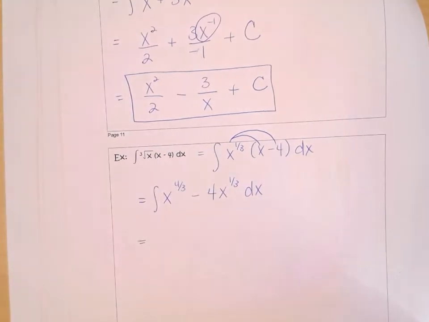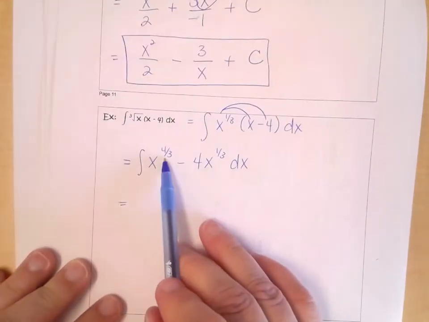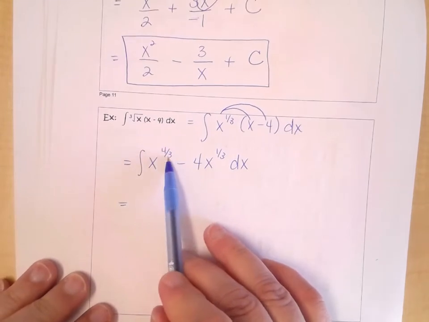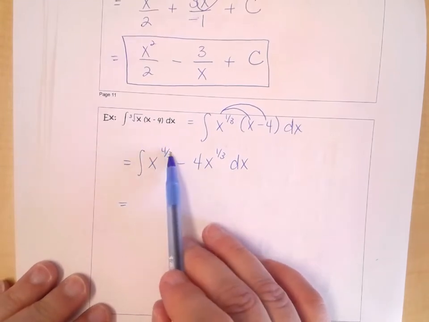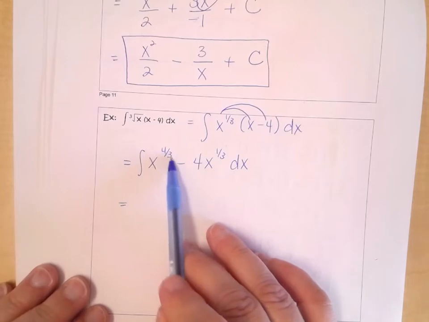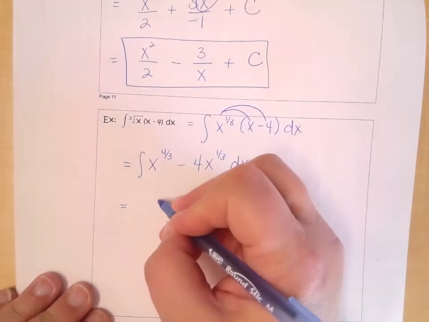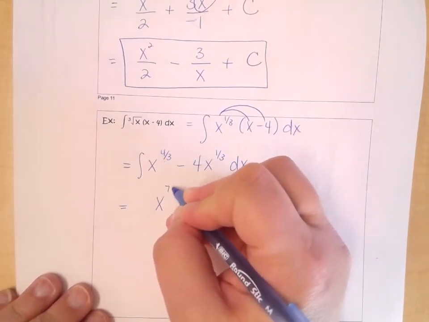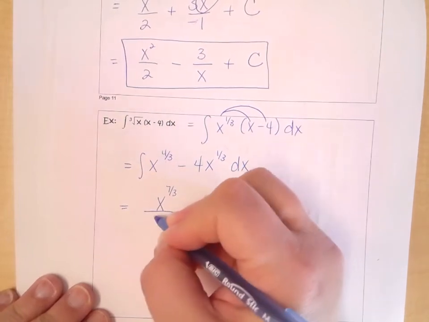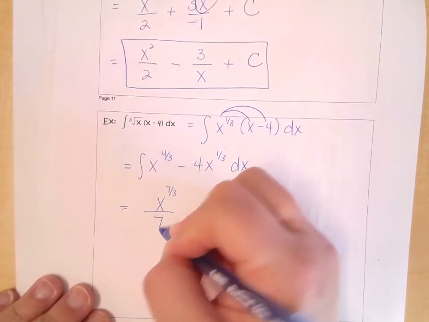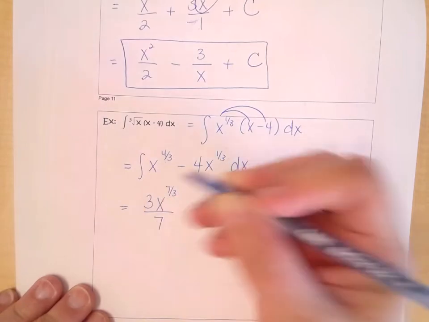One more thing: when we took our derivative, we subtracted, and we said 1/3 became the new exponent. Now add them for the new exponent. This becomes x to the 7/3 over 7/3. I bring the 3 back up.